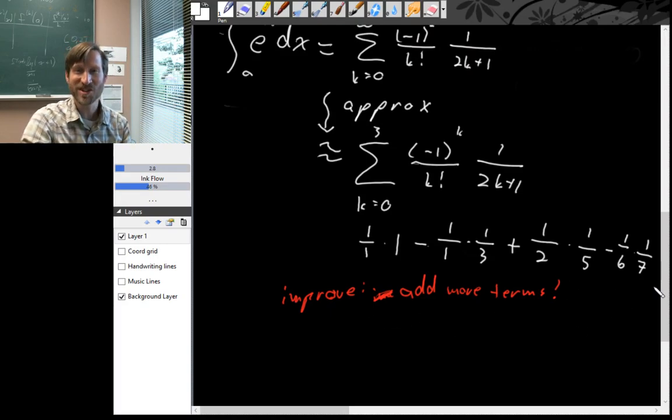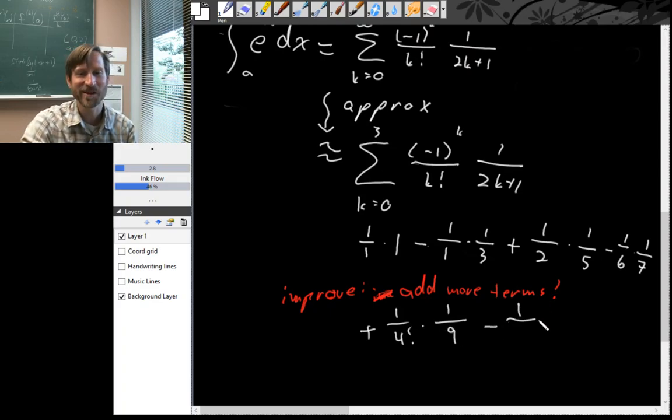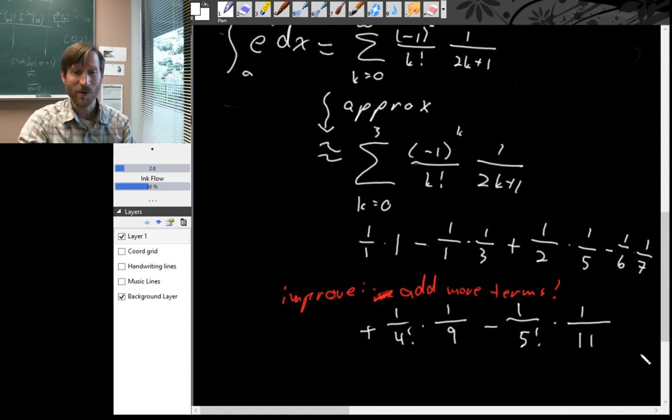To add more terms, we just need to start at the 4th. So we would add 1 over 4 factorial times 1 over 4 times 2 is 8 plus 1 is 9. And then the one after that would be minus 1 over 5 factorial times 1 over 5 times 2 is 10, plus 1 is 11, and so on.